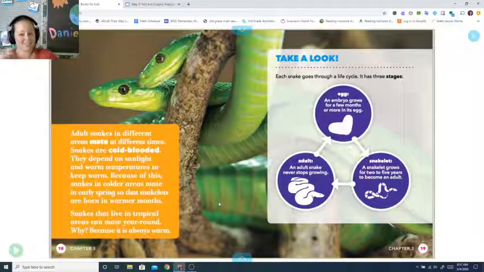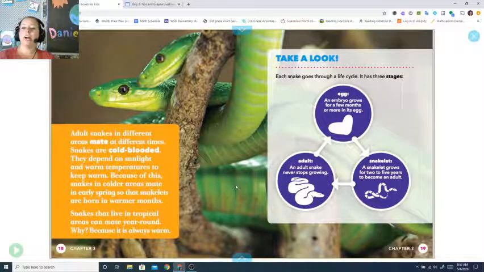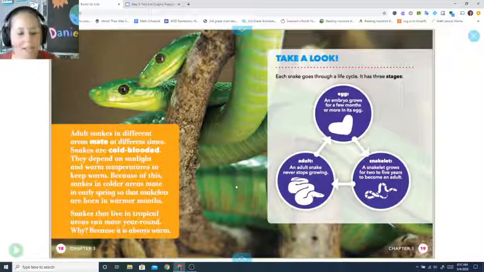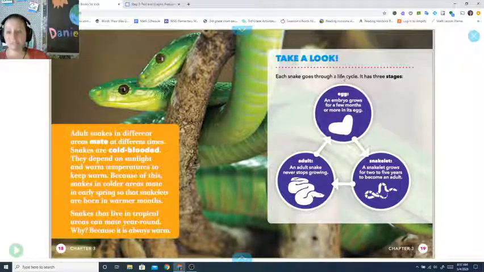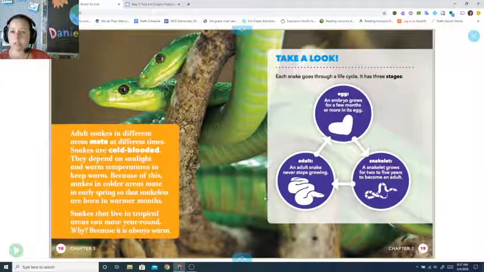And then right here, this is the one that I wanted to show you. This is a diagram. A diagram a lot of times will have some kind of chart. Well, a chart's in it, I guess, but it will show the flow of different things. So this shows a snake's life cycle. So how it grows from a little baby, like a little embryo, the little baby that's in an egg, to become an adult.